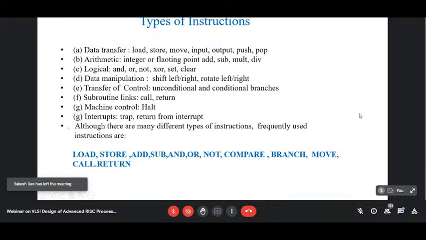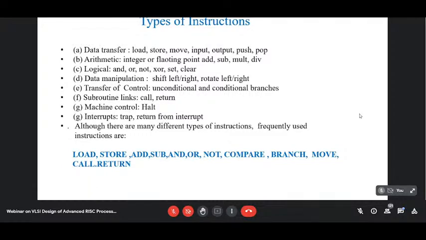Arithmetic instructions could be either integer or floating point operations like add, sub, multiplication, division. Logical operations like AND, OR, NOT, XOR, etc. Or data manipulations like shift left, shift right, rotate left, rotate right. Then transfer of control, like jump instructions.